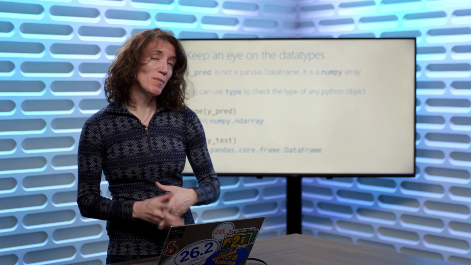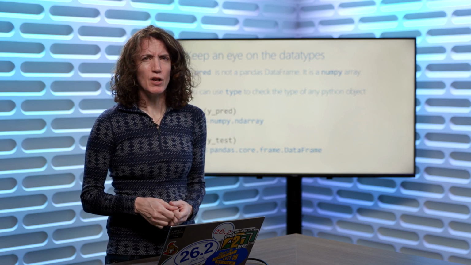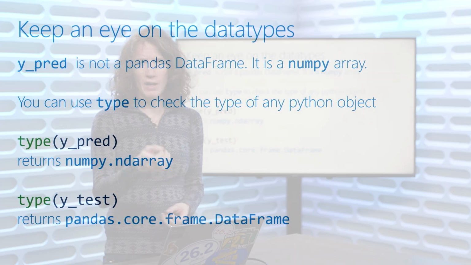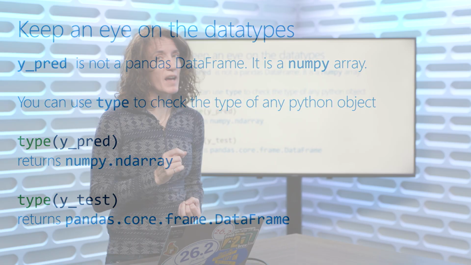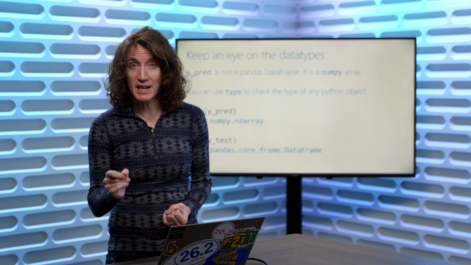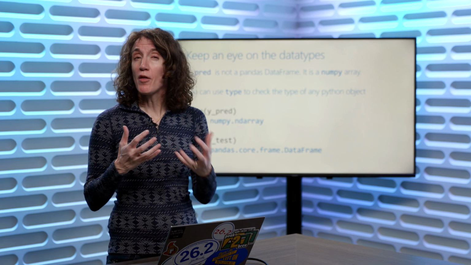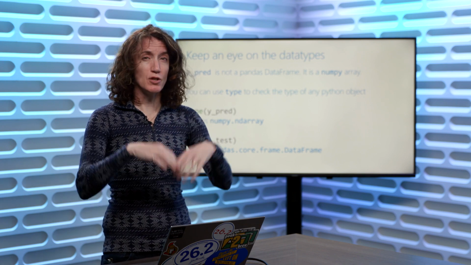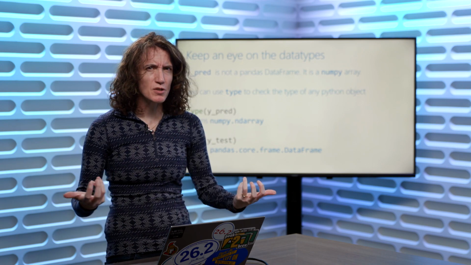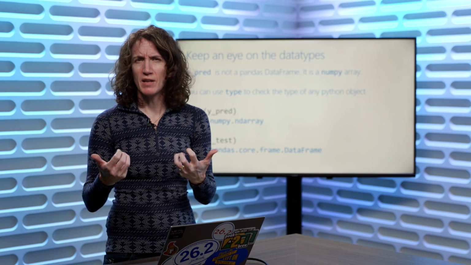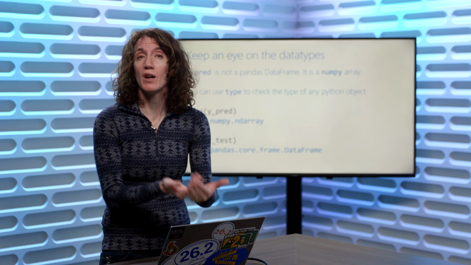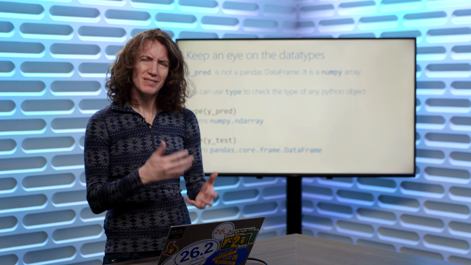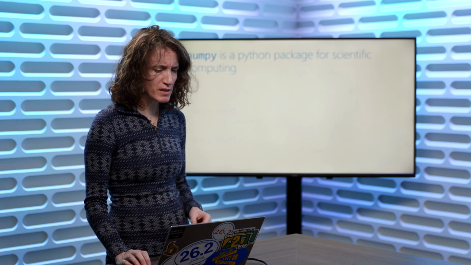So it's even possible that when you were trying some of this out yourself, you did something like ypred.tail to look at the last 5 rows, and it failed because that method only exists on a data frame, not on NumPy arrays. You might also try to merge two data frames together or split them apart, and try those actions on ypred, and it'll all fail because, again, it's not a data frame. It's a NumPy array. So let's talk a little more about NumPy and explore that some more.